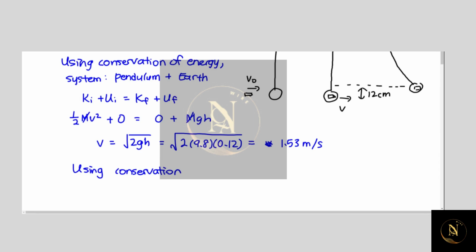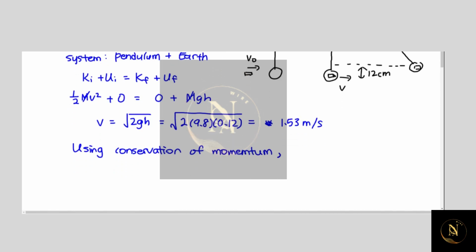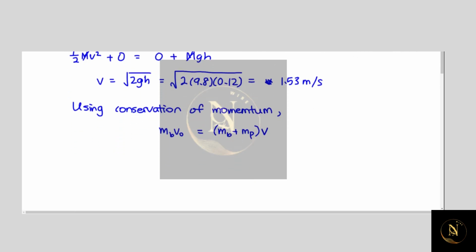Then we use conservation of momentum for the collision between the bullet and the pendulum. So we have mb v0 equals mb plus the pendulum mp times v. The mass of the bullet is 10 grams, so it's 0.01 kg.